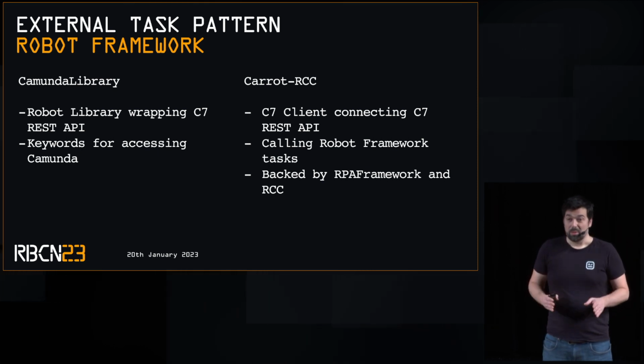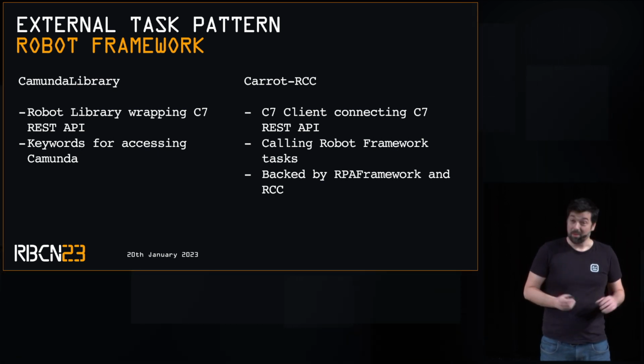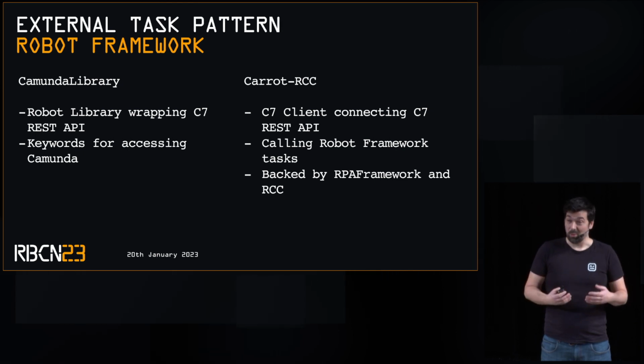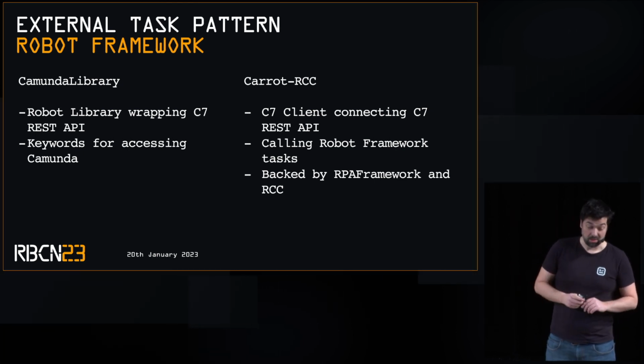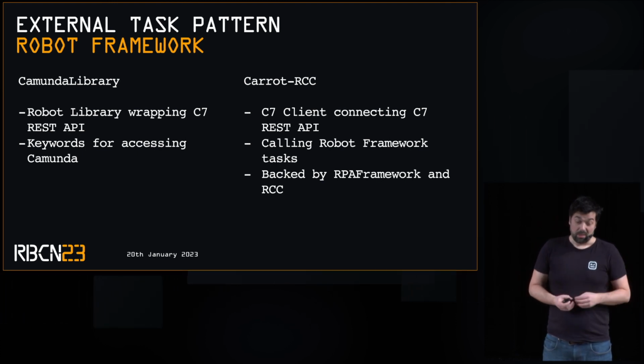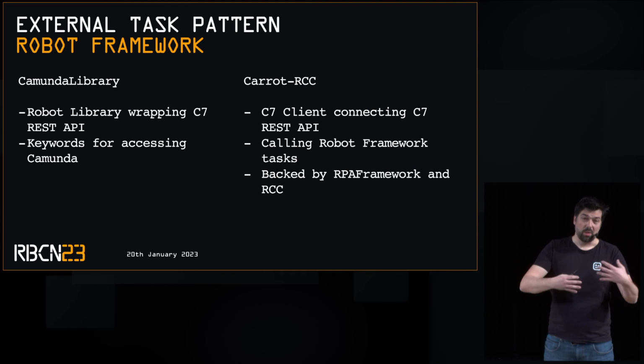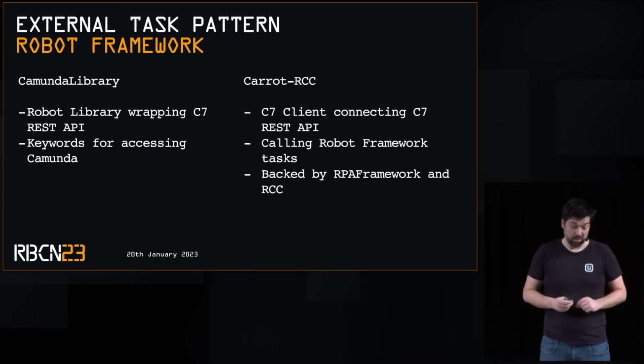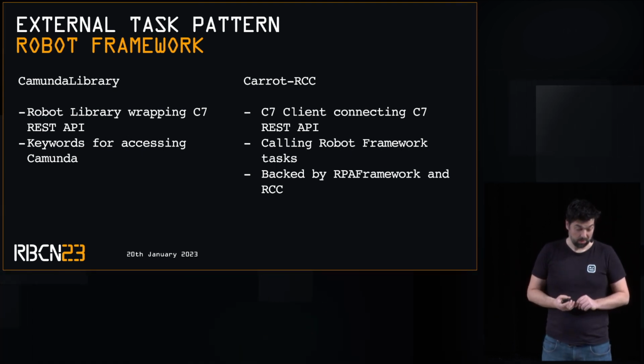But around the same time, ASCO had basically the same idea, but in my opinion, a better concept. So he invented Carrot RCC, which is also a C7 client connecting with the REST API, but it does all the Camunda handling outside of the Robot Framework task. You will see an example in a minute.